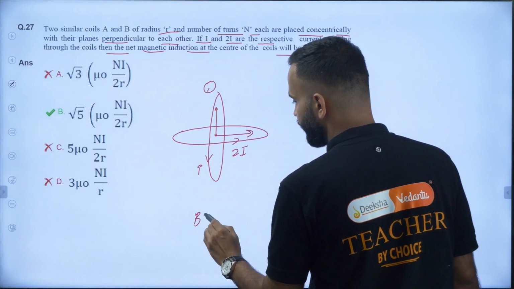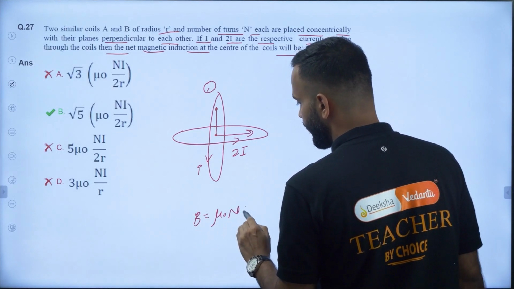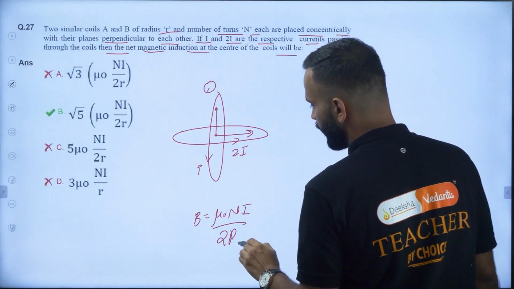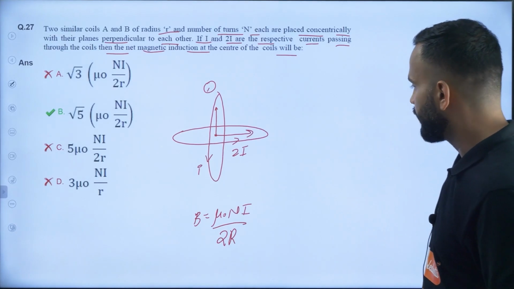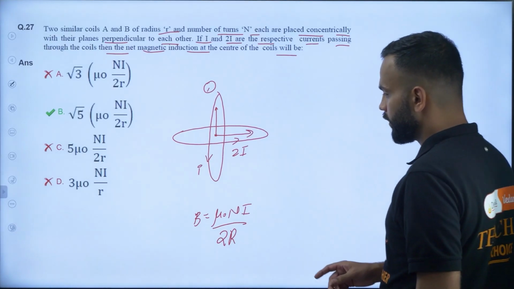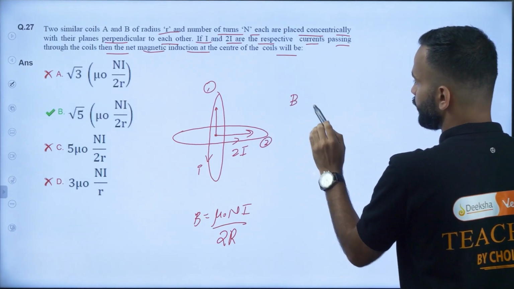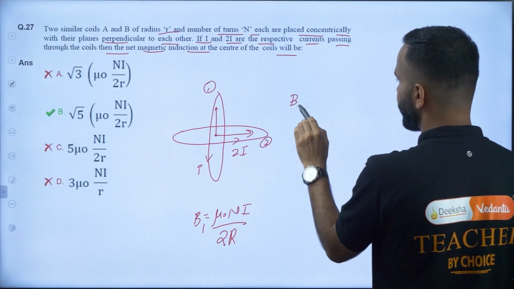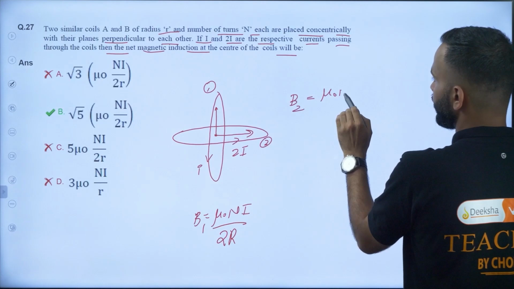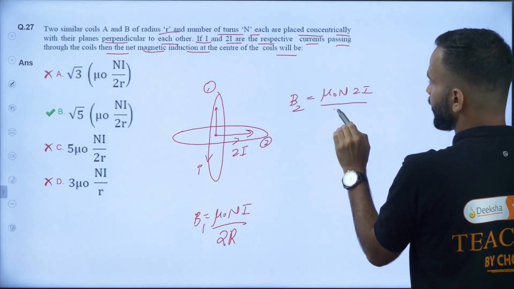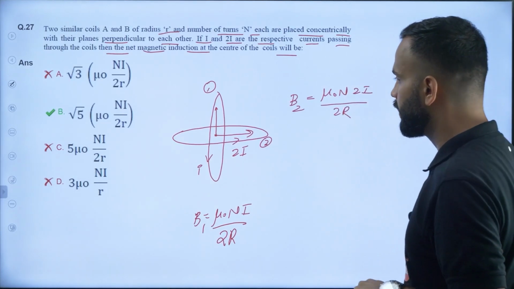B equal to mu naught N I divided by 2R. So now for the second coil, this is B1 and B2 will be mu naught N 2I divided by 2R.